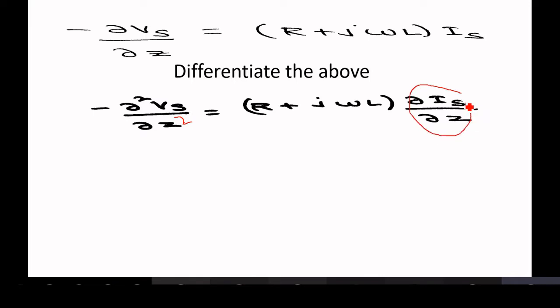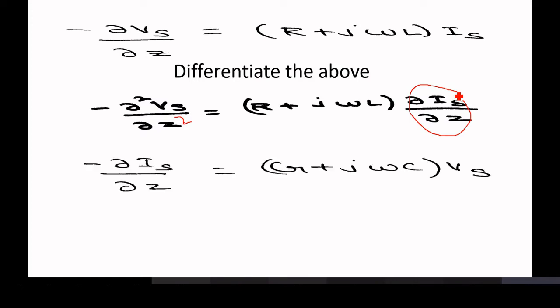So dou Is by dou Z in terms of Vs we have, right? What is that expression? Minus dou Is by dou Z is equal to G plus J omega C, which is nothing but the admittance capital Y, into Vs. Now in place of dou Is by dou Z, we will substitute this expression.